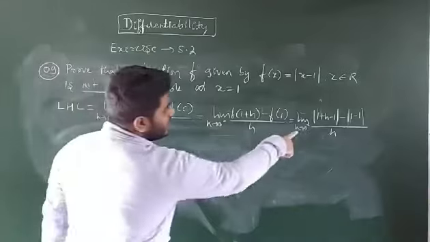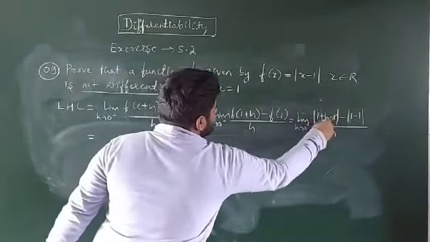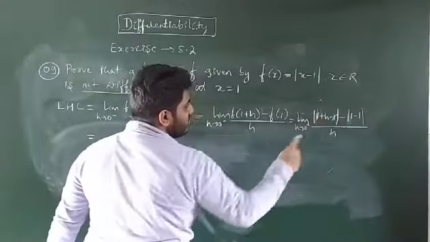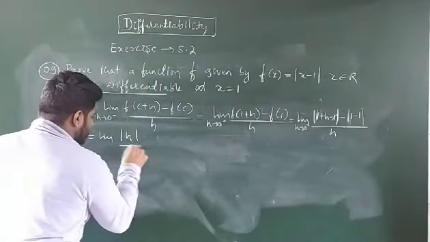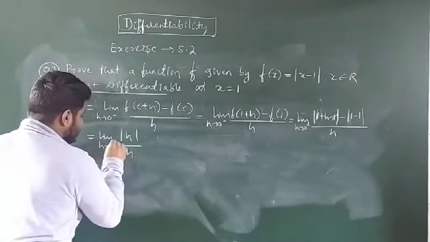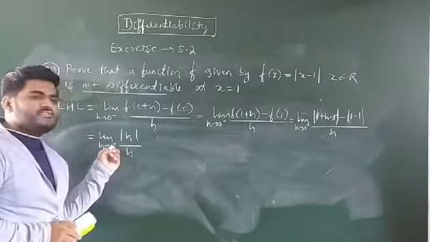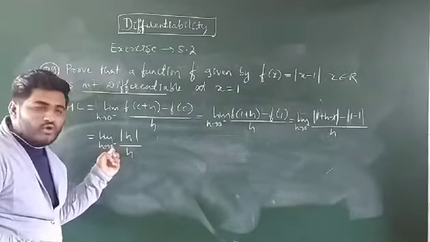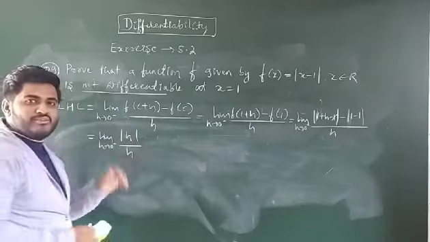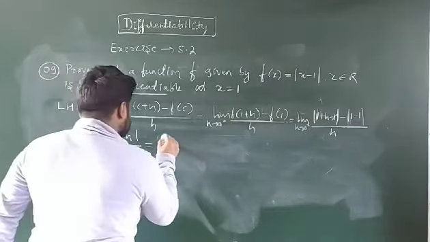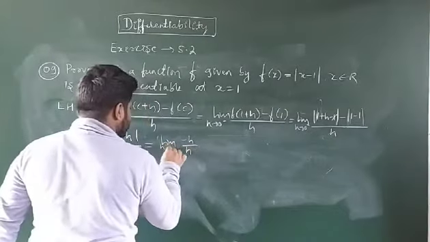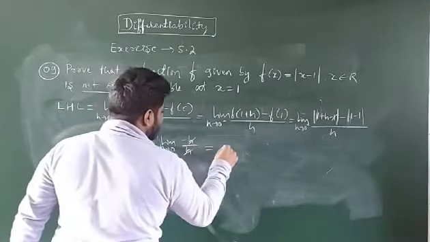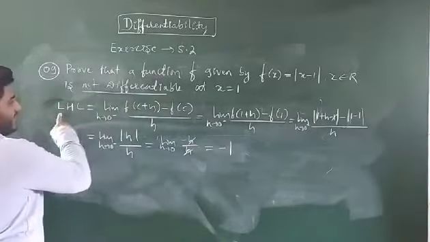So 1 plus h minus 1 cancelled, h minus 0, h by h. Nothing but limit mod h divided by h as h tending to 0 minus. Since h is 0 minus, that means a negative value, so mod of that value must be negative. That is limit of minus h divided by h as h tending to 0, this is cancelled. We are getting minus 1 as LHL.